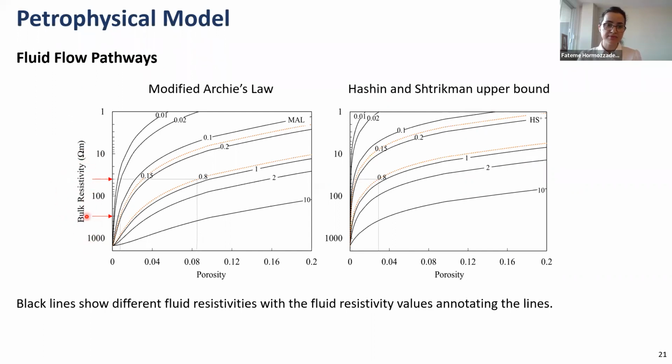So this part is the bulk resistivity based on the AMT model, and this is the porosity that can be estimated. And these solid lines show different fluid resistivities, and the values are annotating the lines.